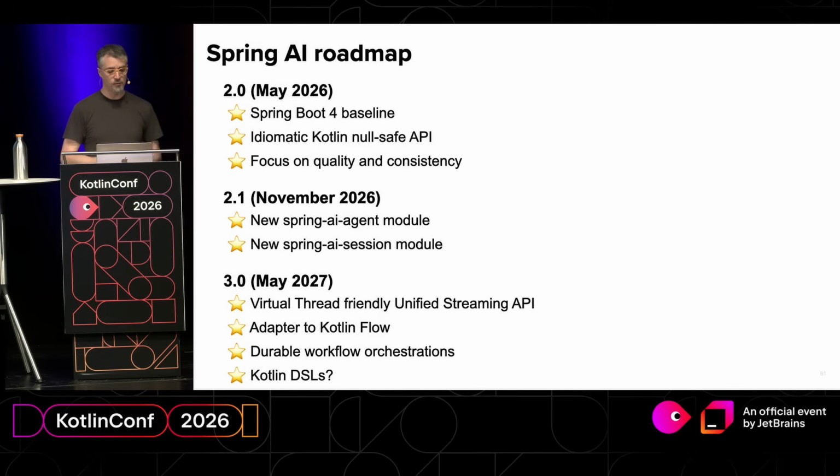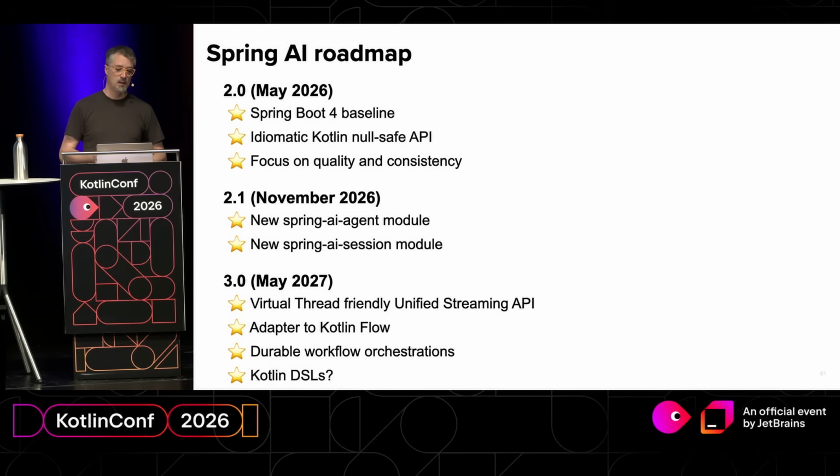And speaking about the roadmap, the stable version is currently Spring AI 1.1, usable with Spring Boot 3.5. In a few days, in early June, I should update this date, we will release 2.0. We had a big focus on a Spring Boot 4 baseline, idiomatic Kotlin null-safe APIs, so basically the whole API is annotated with JSpecify, and a focus on quality and consistency.